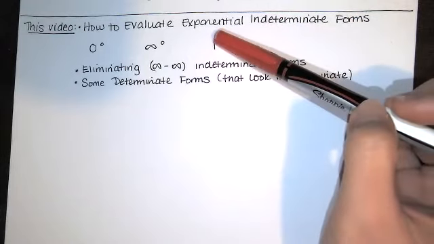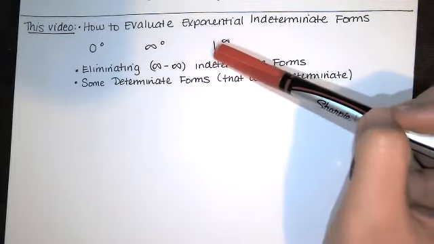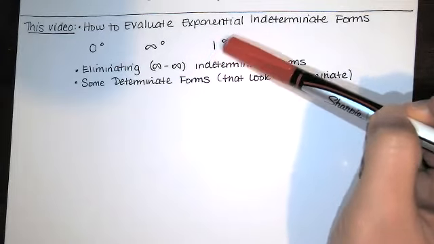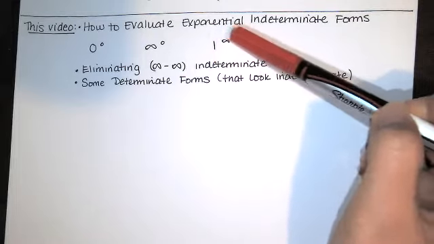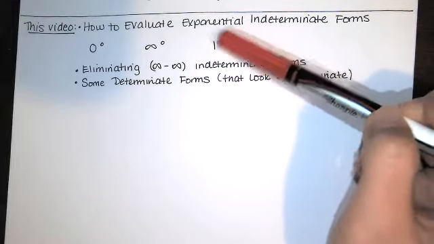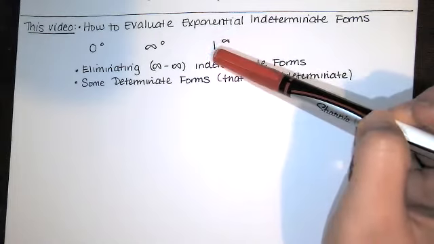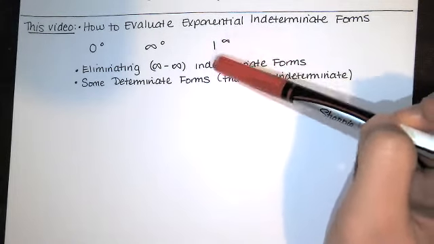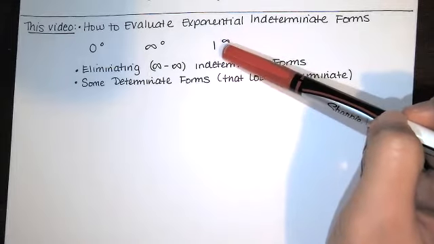Now, if our function in the base is approaching 1 from above, so it's a number that's larger than 1, and the exponent approaches infinity faster than the base approaches 1, then I'll have a number larger than 1 raised to an infinite power, so I'll get infinity.